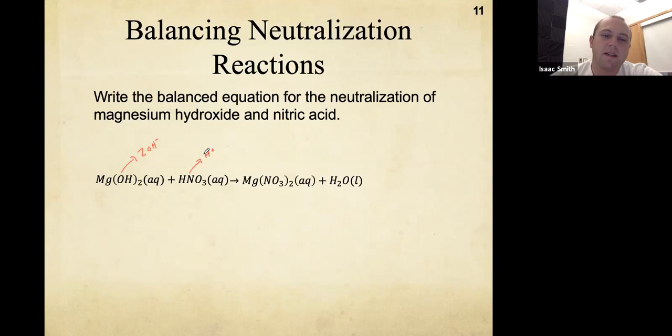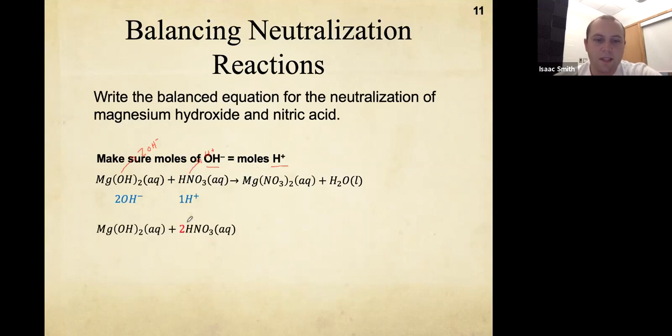Because one proton will neutralize one of these OHs, and then we need another molecule of nitric acid to give off another proton to neutralize the other OH, okay? So you want to make sure the moles of OH minus match the moles of H plus that's given off. So you put a 2 in front of the nitric acid in order to balance that out.